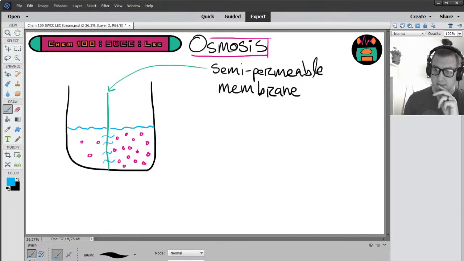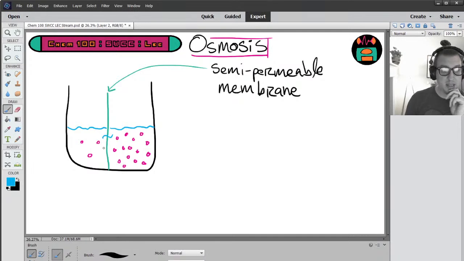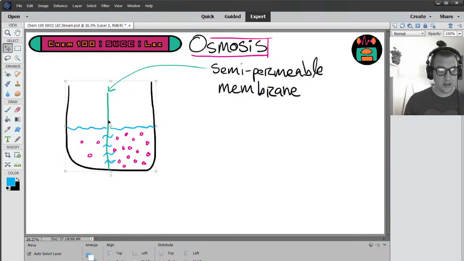Now, osmosis. What happens in osmosis is, since the solvent is allowed to flow freely back and forth, it will do so until the concentration of solute on both sides is equal.